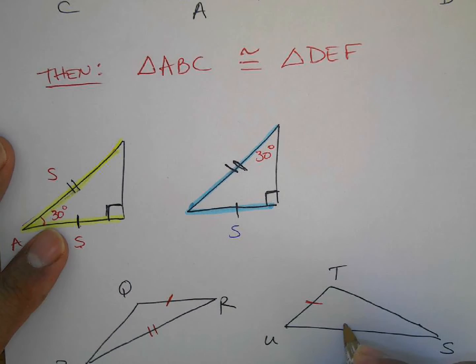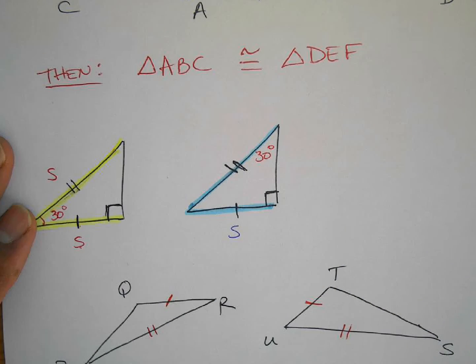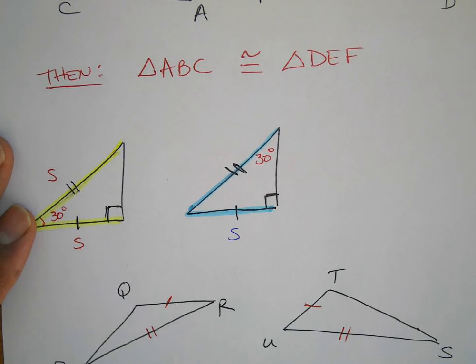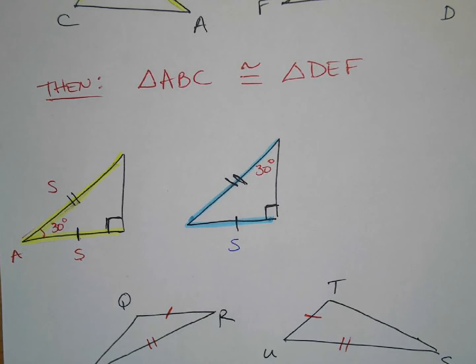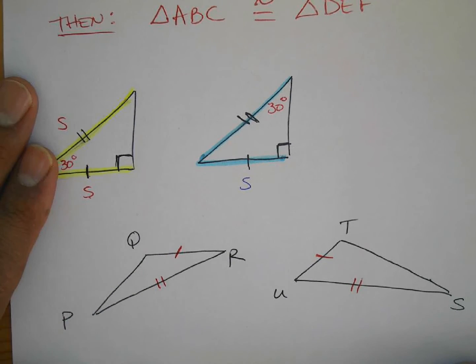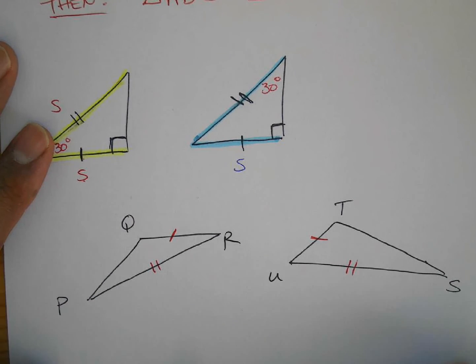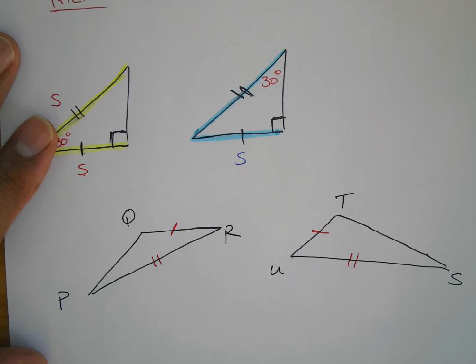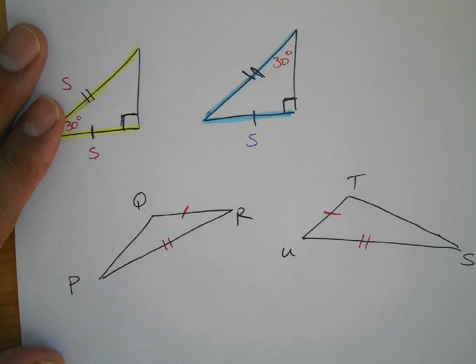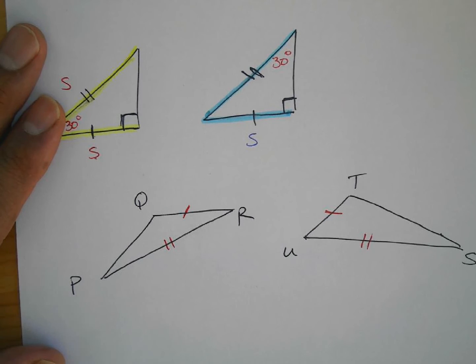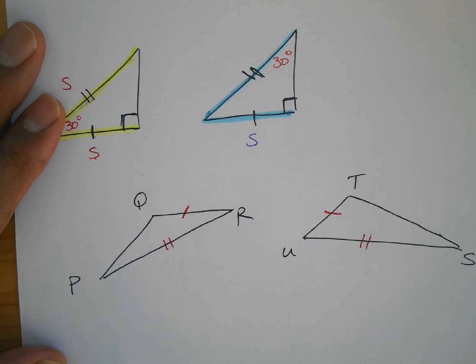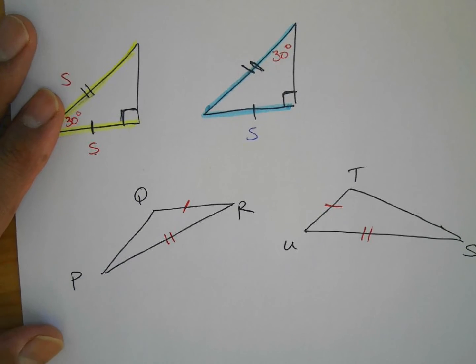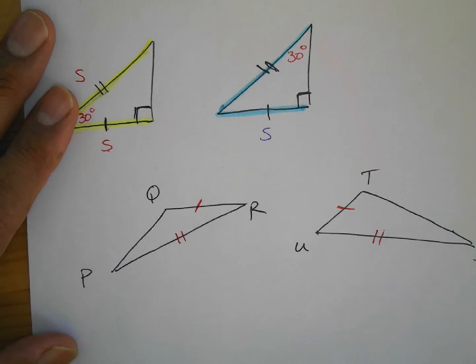This one's congruent with this one. And then the question's going to be like, okay, which has to be the angle? Which is the remaining piece that has to be congruent so that it's side angle side? What is the angles that have to be congruent so that this works for side angle side?